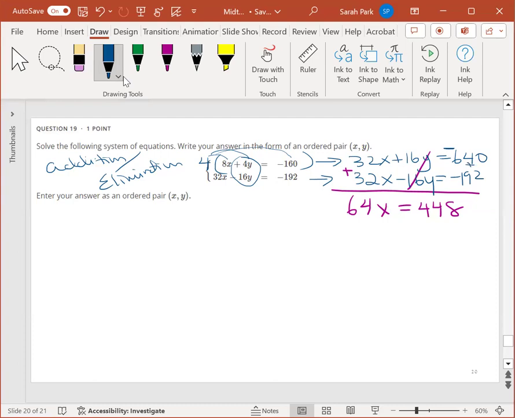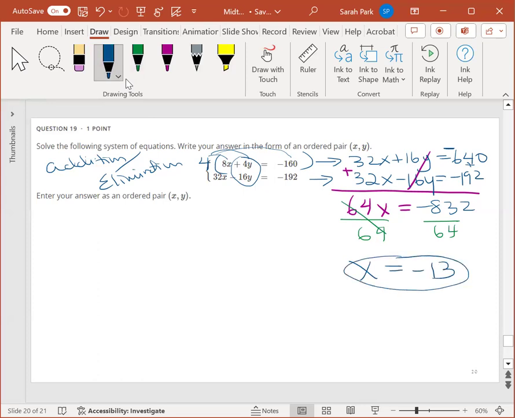So if we add negative 640 and negative 192, we get negative 832. And then if we divide by 64 to solve for x, we get x is equal to negative 13.